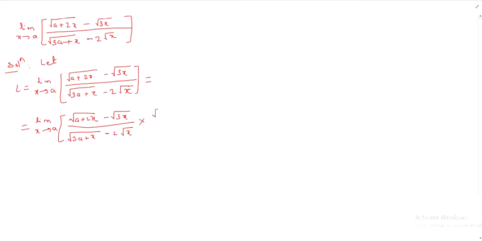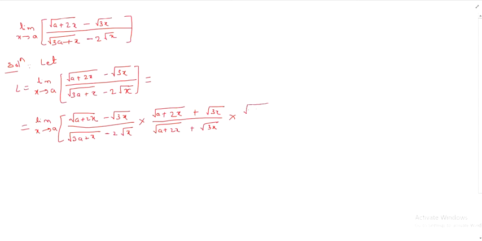So first rationalize this numerator, take its conjugate, minus is there, so the conjugate has plus root 3x, upon the same term, that is root a plus 2x plus root 3x, okay, into now it's the turn of the denominator, so rationalize it.